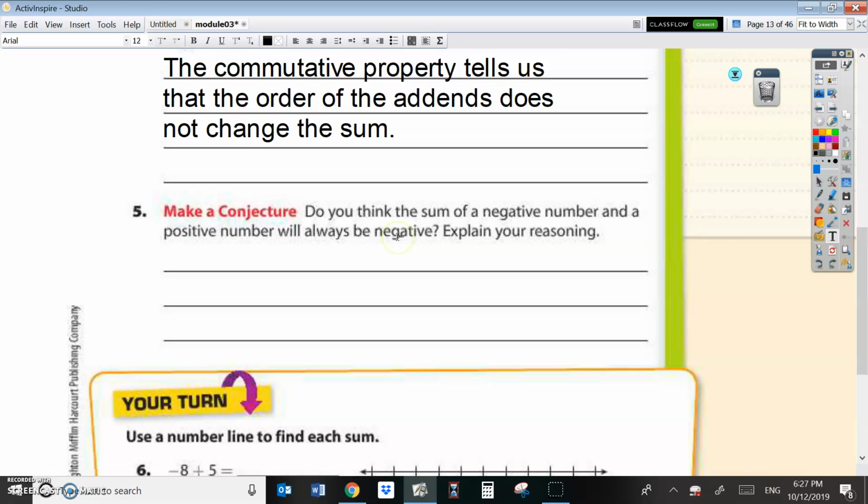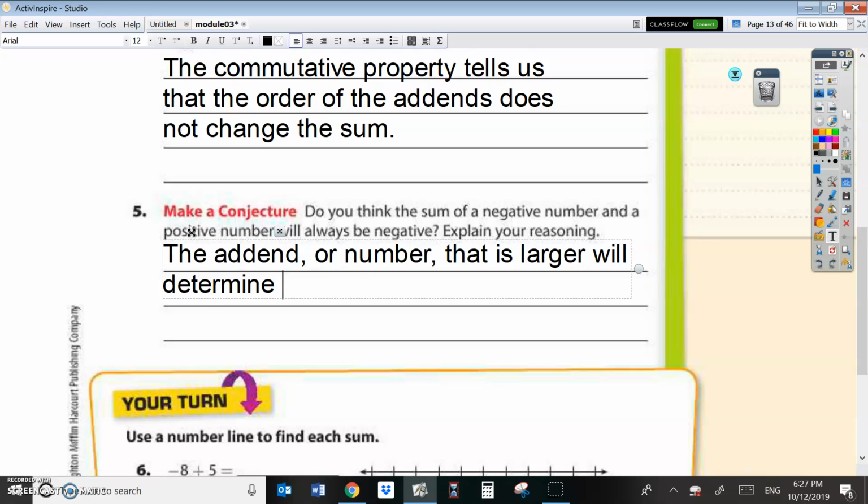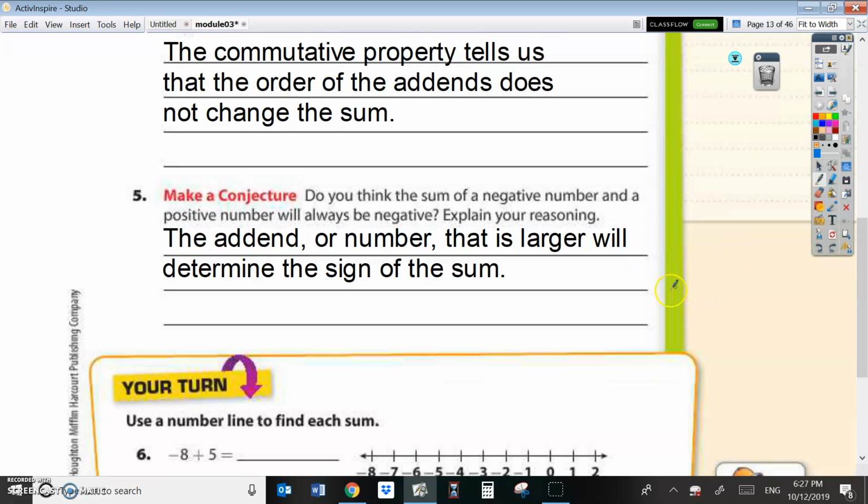So the sum could be positive if the positive addend has greater value than the negative addend. So if you have like negative 6 plus 4, you're going to get negative 2.